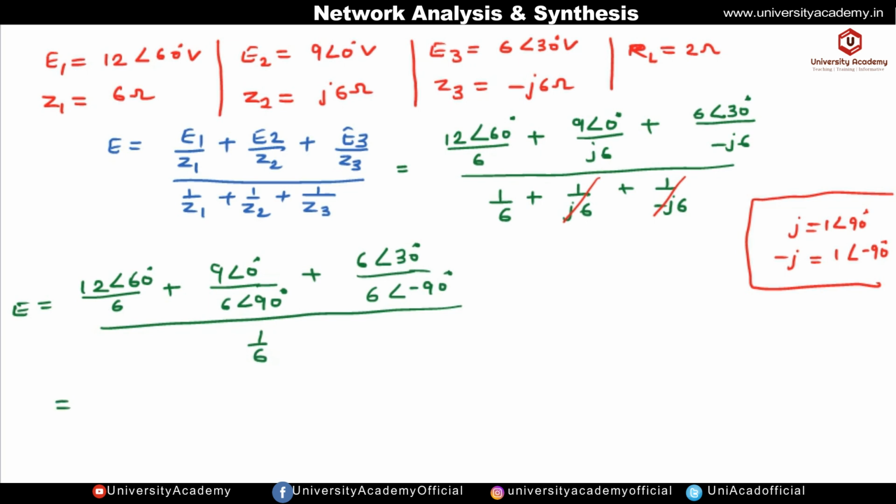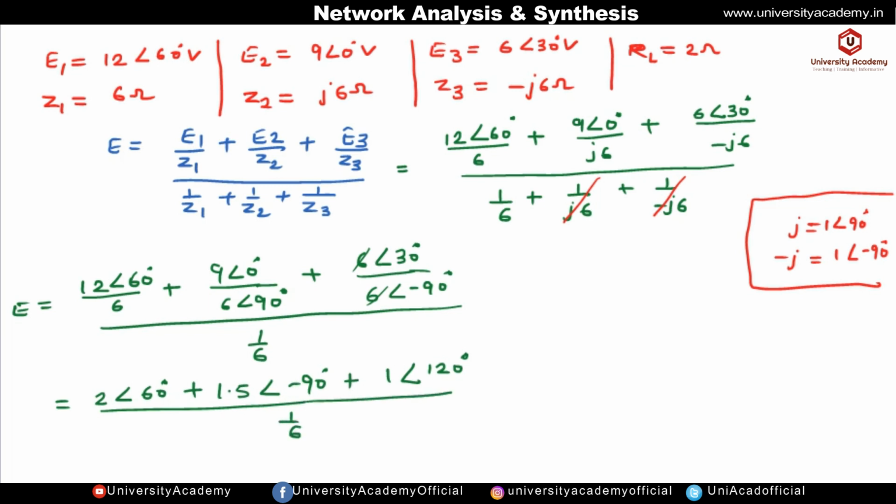So it will become 2 angle 60 degree plus 9 by 6, which is 1.5, and when the 90 degree goes in the numerator it becomes minus 90 degree, plus 1 angle (30 plus 90) which is 120 degree, the whole divided by 1 by 6. Okay, so let us simplify this.